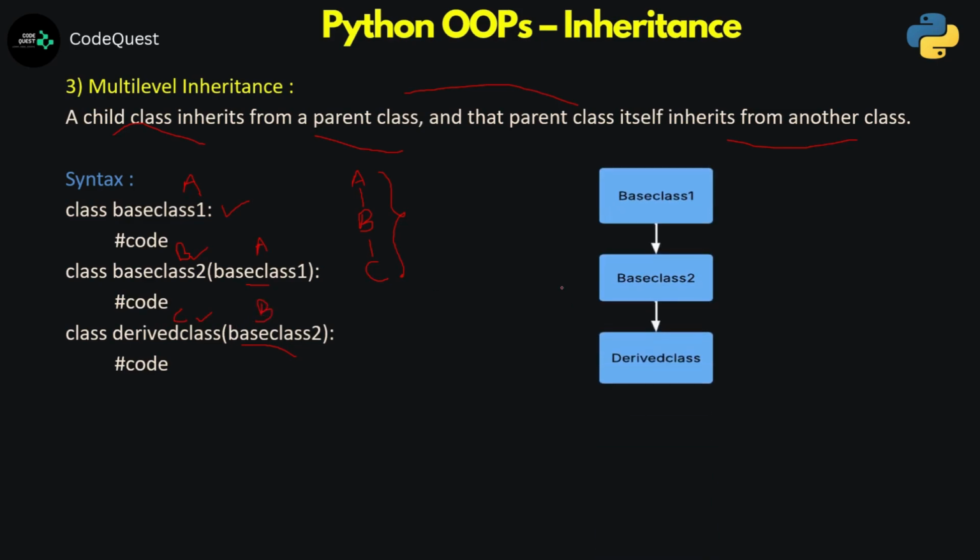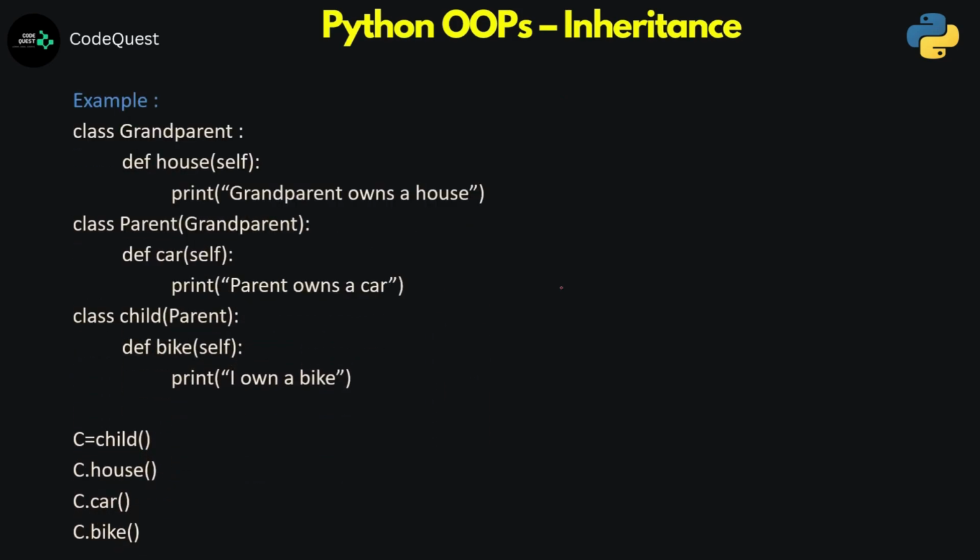Now let's look into an example. Say we took a class called grandparent having a method house, with a message. Here you can see we have created a child class with the name parent, and what is the base class of it? Grandparent. So the parent is actually the child class of this grandparent. Now this has a method, let's say car.